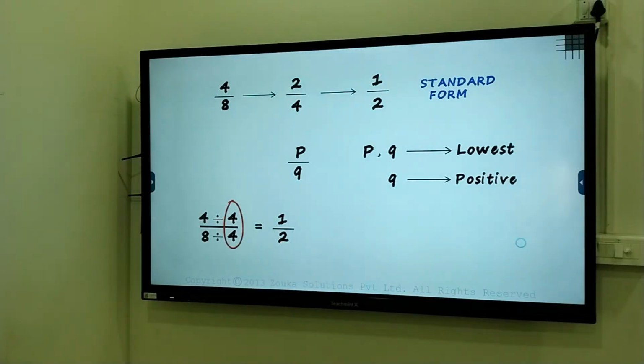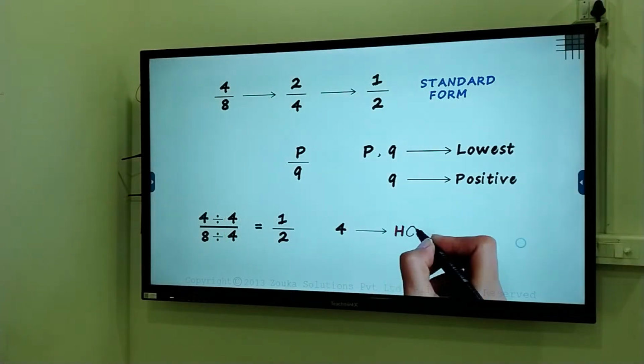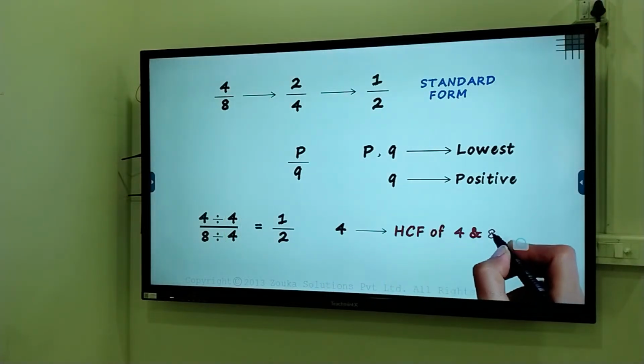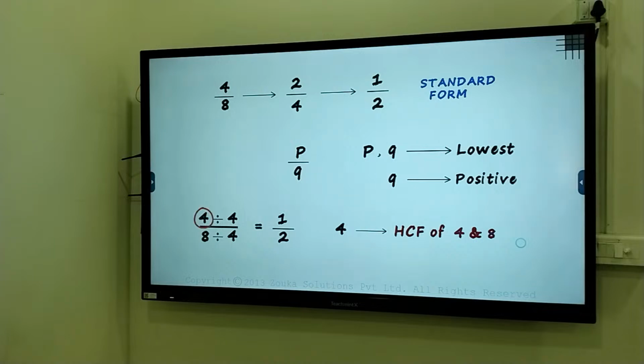But what is this 4? How do we find it? 4 is the highest common factor of 4 and 8, that is the HCF of the numerator and the denominator. So whenever you want to reduce a rational number to its standard form, all you need to do is divide its numerator and denominator by the HCF of the numerator and the denominator.